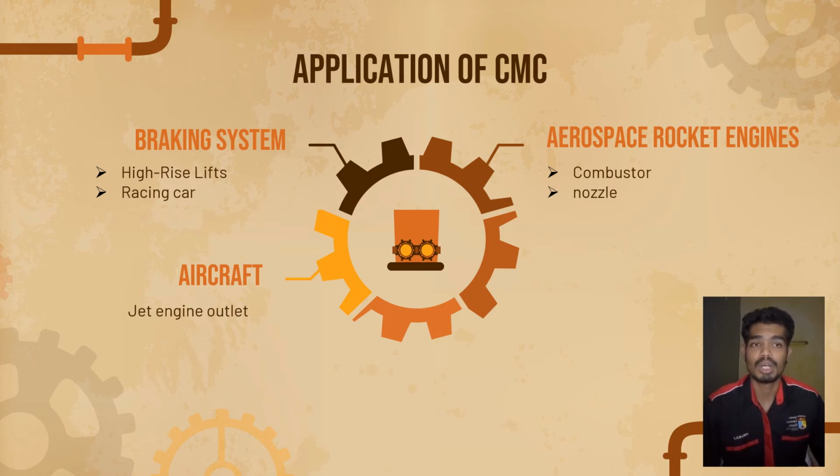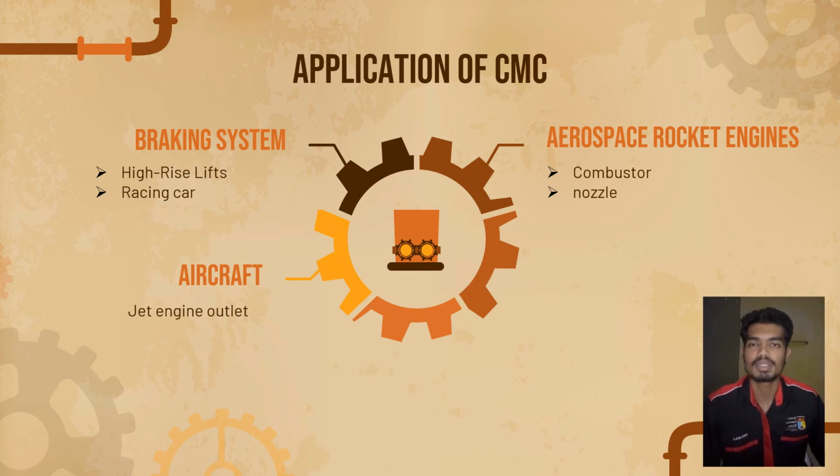CMCs are also able to resist exceptionally high temperatures, where the jet engines can operate at a greater temperature, and also reduce the emissions of carbon dioxide and nitrogen oxide. CMCs also help in reducing fuel consumption by up to 8%, and also make the engine quieter.